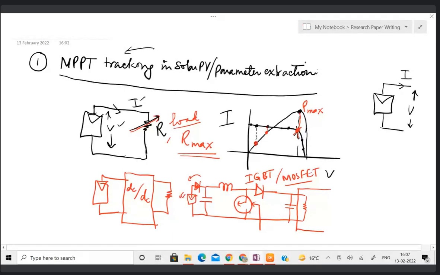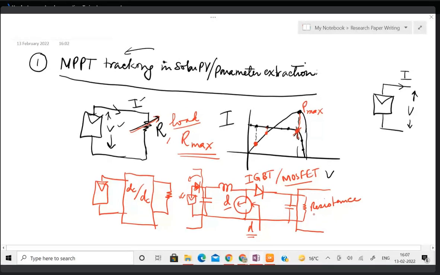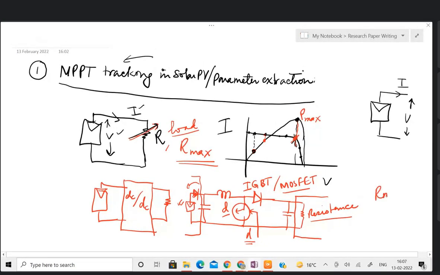Okay, so you are not changing the resistance, you are only changing the duty ratio D of this switch, and by doing so you can change the resistance or load seen by the panel. Okay, so if I can keep this D at a value which corresponds to a resistance R max as seen by the PV panel, then I have achieved my objective.